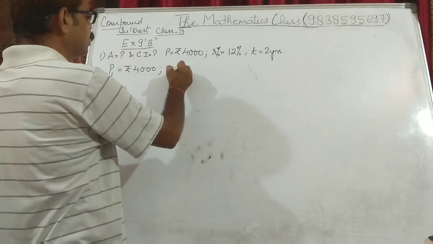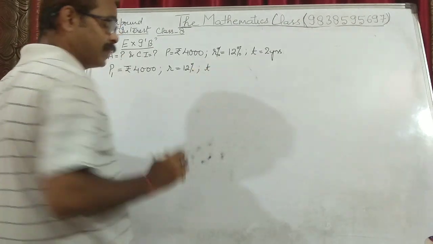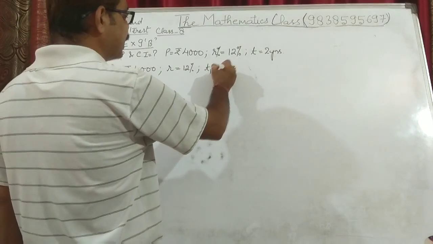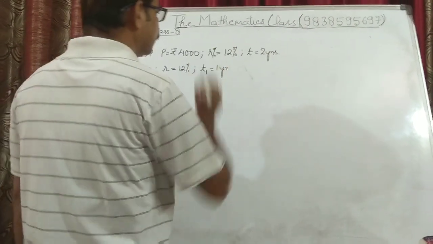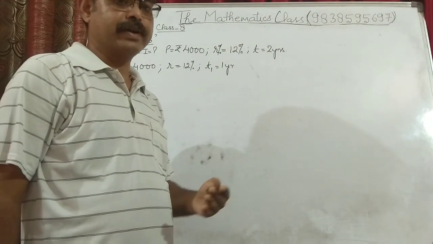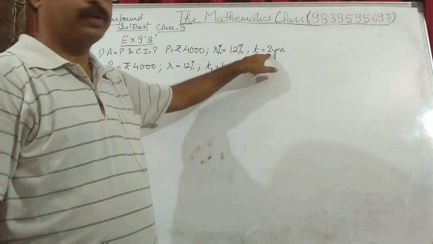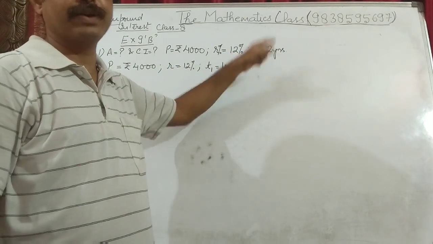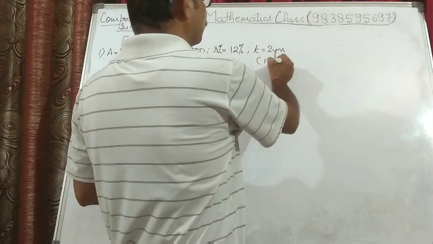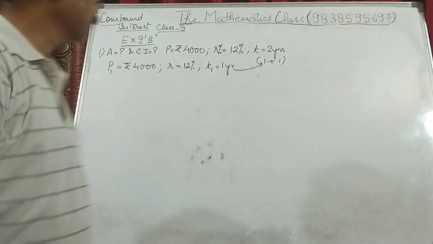The rate is given as 12%, and we will calculate interest for the first year, so I am taking T1 as 1 year. Total 2 years are given, but we will calculate compound interest with the help of the simple interest formula. So we will break it into different years. It is 2 years, so we have to do it twice. For this, I have broken 2 into 1 plus 1. First we are calculating for this 1 year.